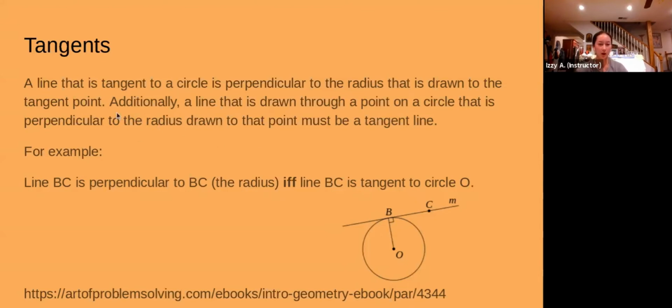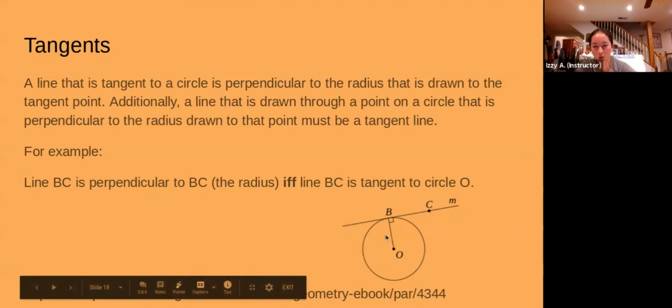Okay, so back to the explanation. Additionally, a line that is drawn through a point on a circle that is perpendicular to the radius drawn to that point must be a tangent line. So that's just saying it backwards. If a line is drawn perpendicular to the radius at 1 point of the circle, then it must mean that the line drawn is a tangent line.